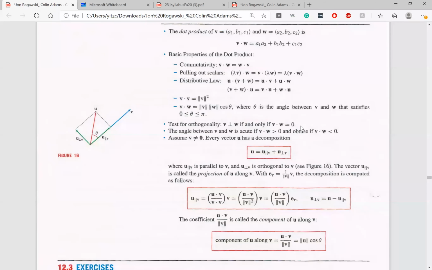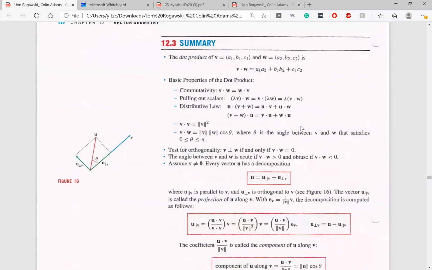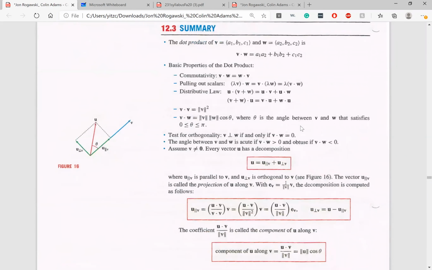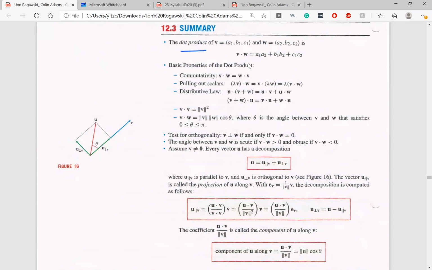So let's do a brief summary of the dot product, and then we can continue with the cross product. Again, for the dot product, you just take each component and multiply them. We know that it's commutative. You can move around the scalar, and v dot v is equal to the magnitude of v squared.